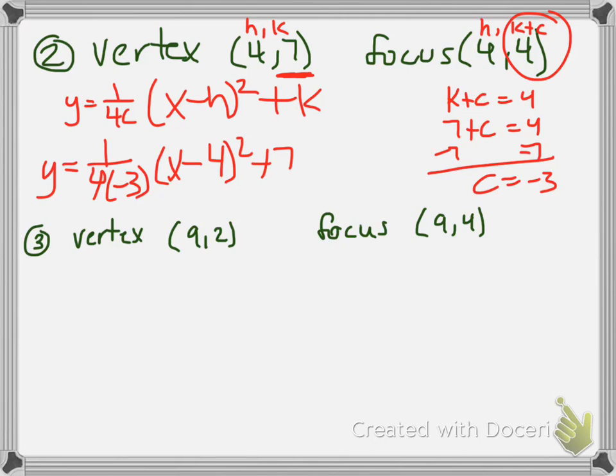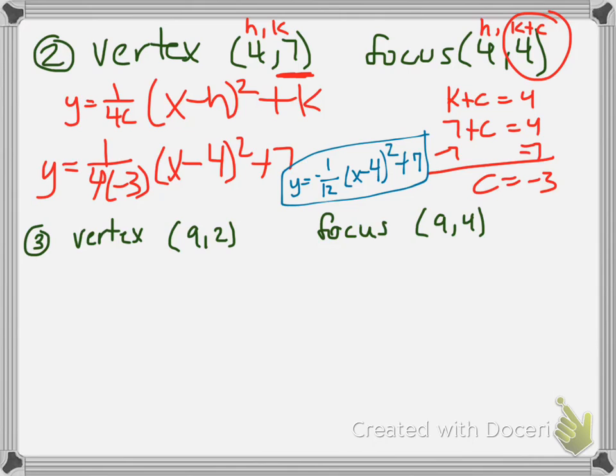And then you just need to multiply the bottom. So y equals negative 1 over 12 times parentheses x minus 4 parentheses squared plus 7. So that is your final answer.